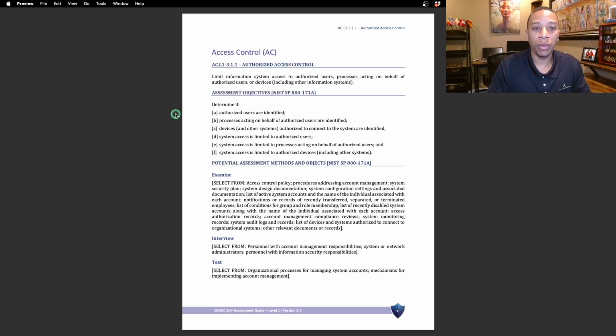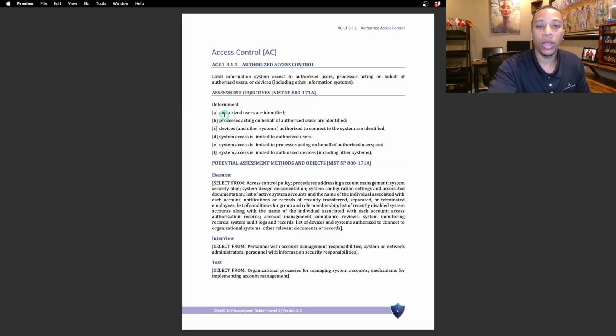So that could be information that's in your RFP, any emails, any information that you receive in the performance of your contract, or during the RFP process that's not public information. That's going to be considered federal contract information. So for this level 1 practice, any information that's not public is federal contract information, so you need to protect it.